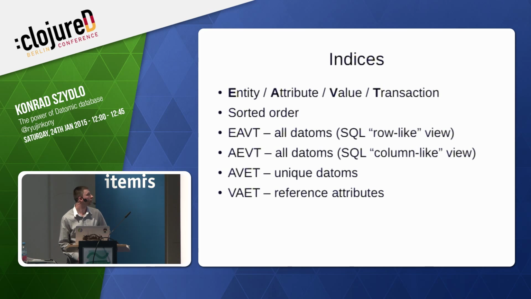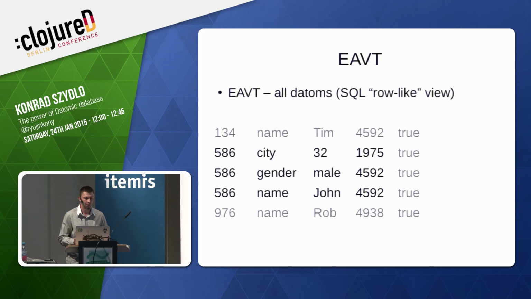So each index is comprised of entity, attribute, value, and transaction in different orders, and there are 4 indices in Datomic. The first one is the entity, attribute, value, and time index. It's similar to the row-like view.